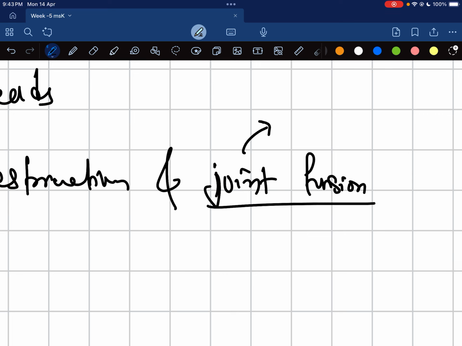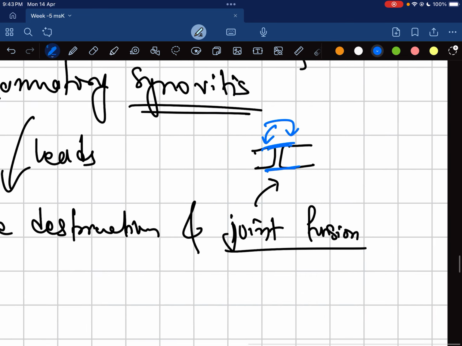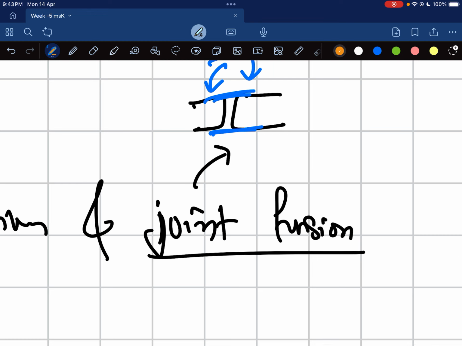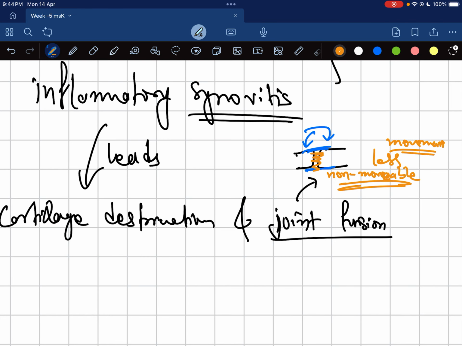A joint is movable, and movement occurs, but after that there is destruction of cartilage and joint fusion, leading to non-movable joint formation or less movable joints.